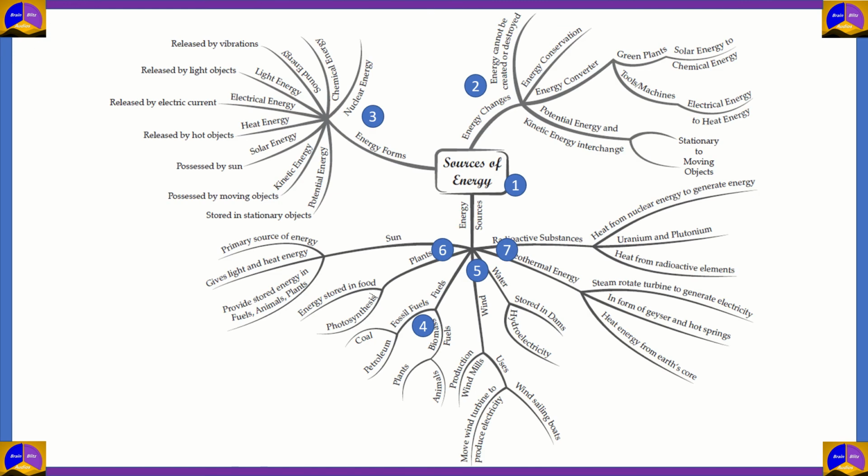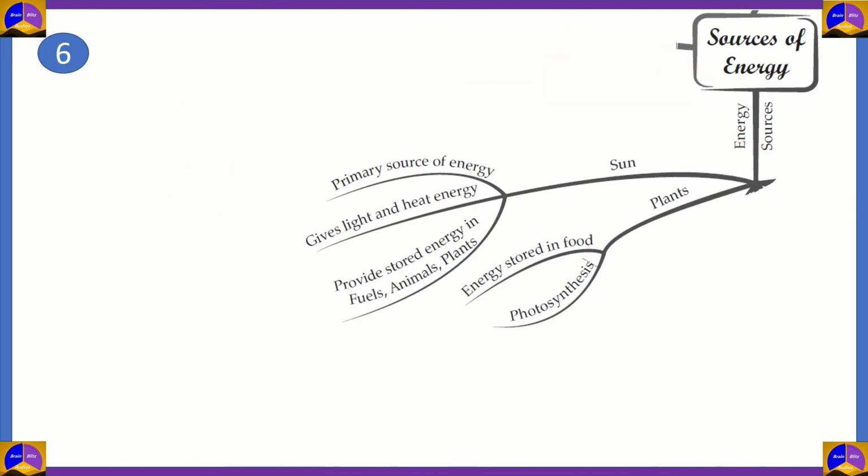Now, let's look at some other sources of energy. We know that plants are unique in the environment because they are autotrophs. That means they produce their own food. And the way they produce their own food is by a complicated process known as photosynthesis.